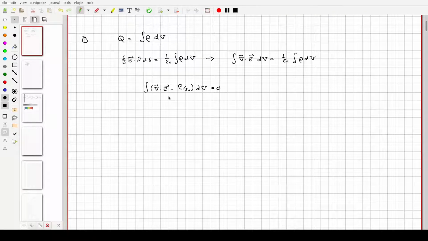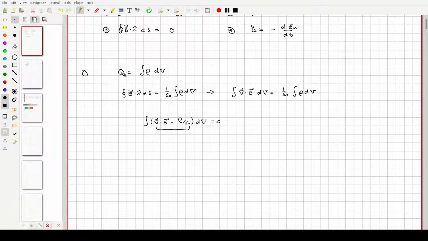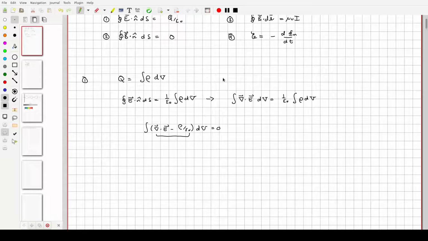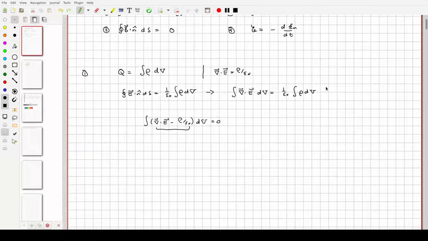Now the only way that this could equal 0 would be if this is equal to 0. So one way that we can write our first equation here is the following. Del dot E is equal to rho over epsilon naught. Okay? So I'm going to box this because we're going to need this in a little bit.